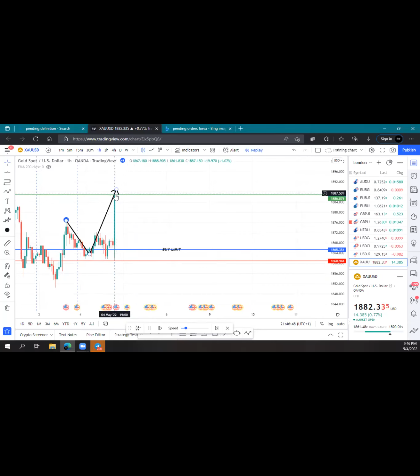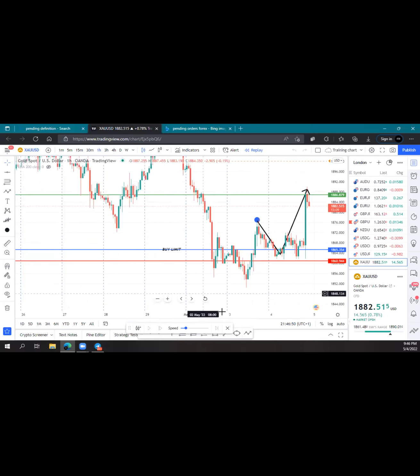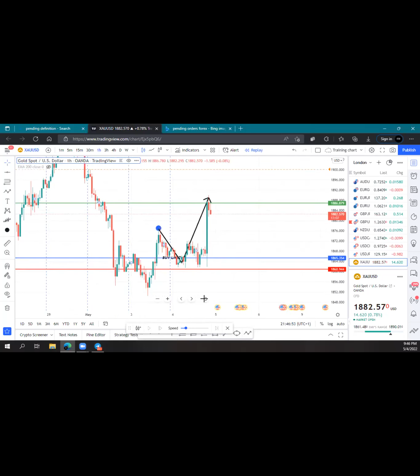Boom, take profit. Just like that. That is exactly what happens when you set your pending order. That's how the market moves. So I hope everybody understands buy limits so that we can move over to something else.